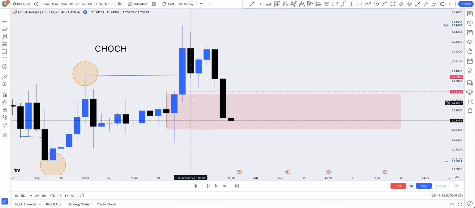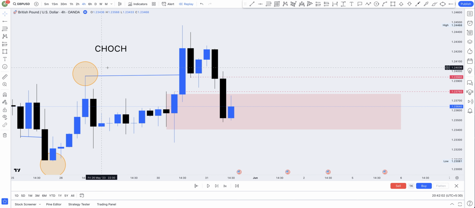Okay, so now look at what happened. Now price has gotten into that zone because we had a change of character, and price has changed from a downtrend to an uptrend. Immediately price gets into this zone, which is our key zone or our point of interest or our point of value, then we continue buying from here because we've seen a choke.